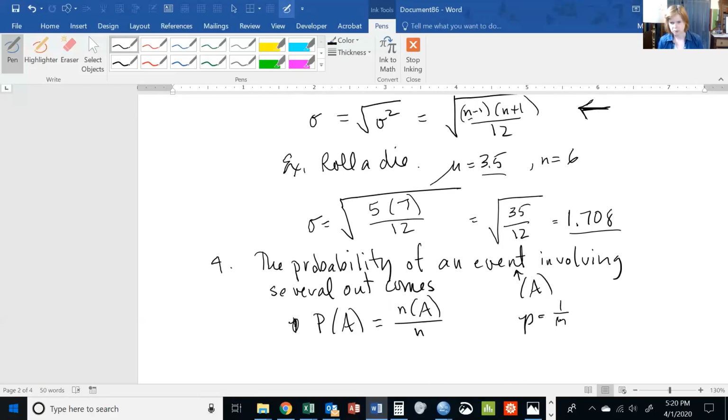So if I've got 5 outcomes, then it's going to be 1 over n plus 1 over n plus 1 over n and so on.